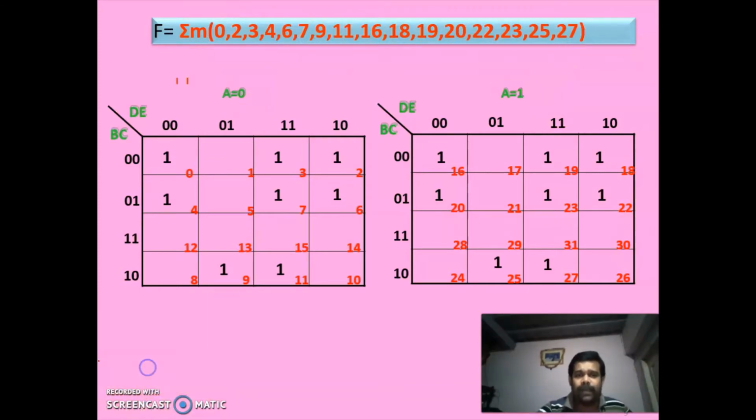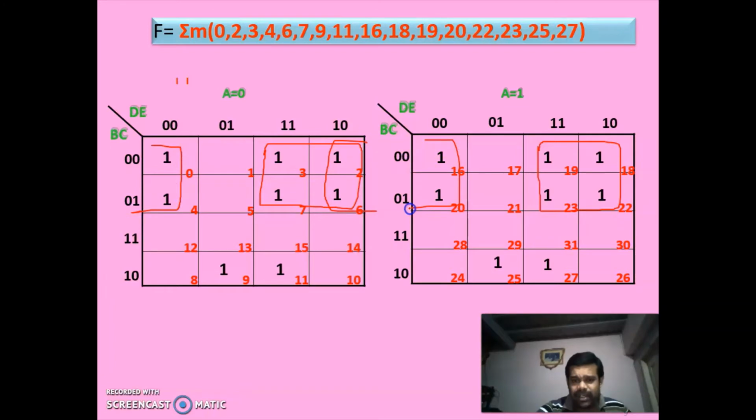Now, after plotting, we are checking whether we are having similar ones in both the 4 variable maps. First here you are having 4 ones. In the same place in the cell here also you are having 4 ones. You can group the 4 like this.